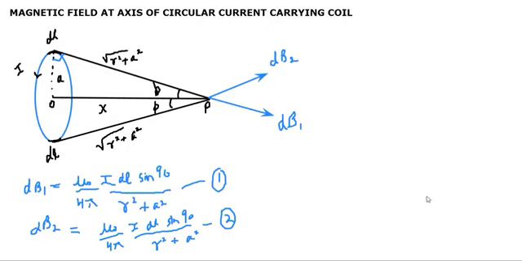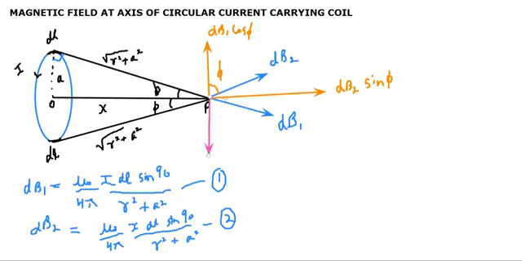So one component of dB1 would be dB1 cos phi, another would be dB1 sin phi. Similarly for dB2, dB2 sin phi, and dB2 cos phi. So these are the components of dB2, dB2 sin phi, dB2 cos phi. Similarly for dB1, if I resolve the components, there will be two components.